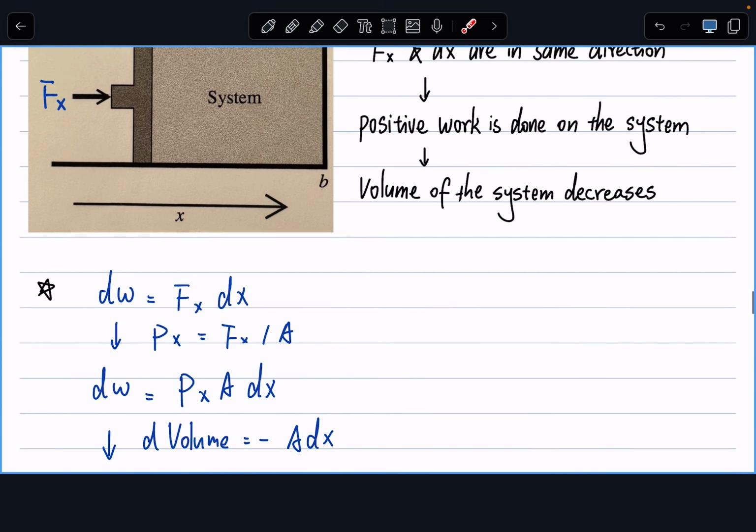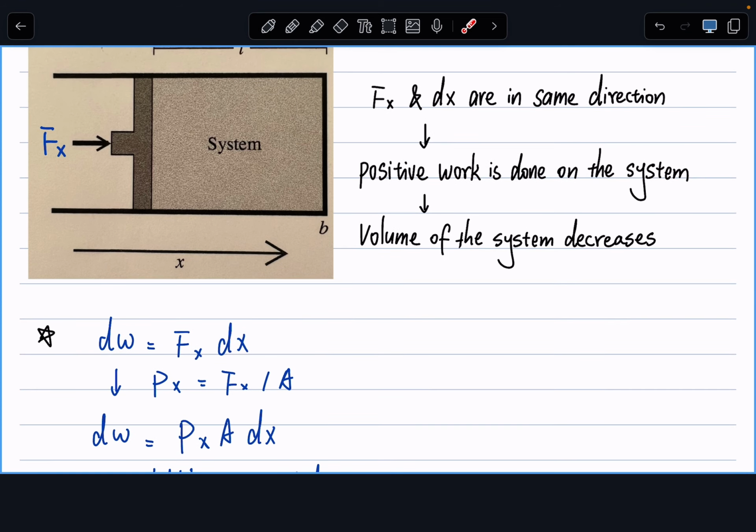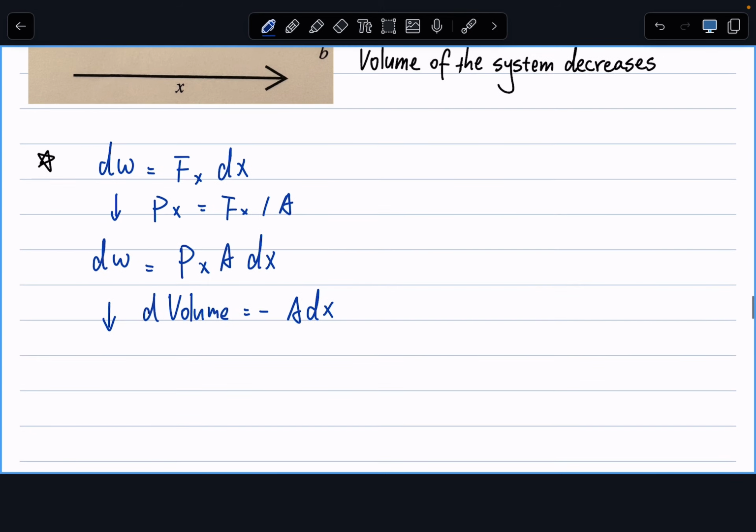This negative comes because when we're exerting force on there, obviously the volume of the system shrinks as x is moving in the same direction as the force. And the final result we get is, whenever we have this reversible movement, dW reversible equals negative Px dV for a closed system, reversible.